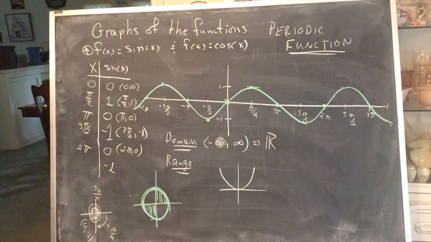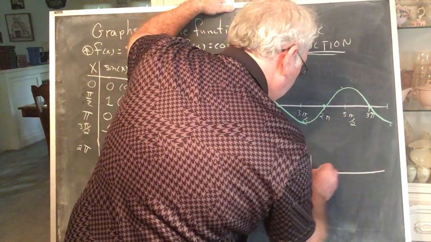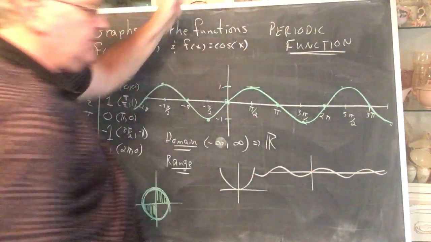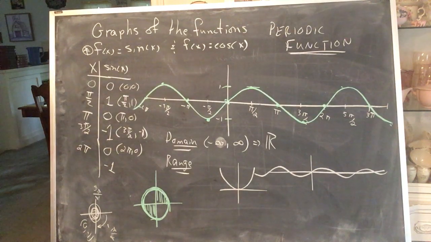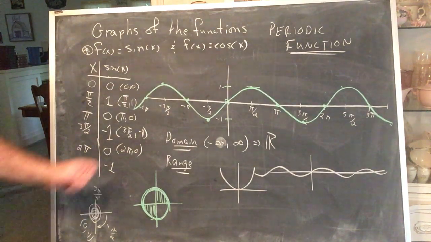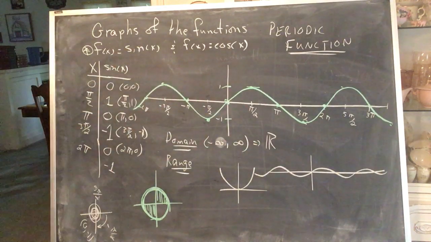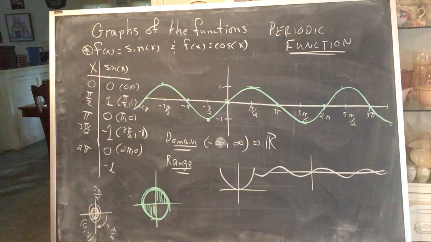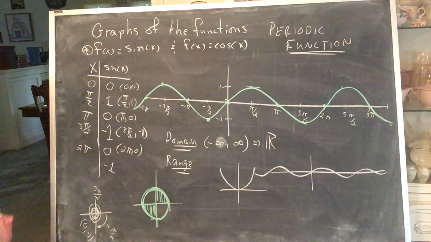You should be able to draw a reasonable approximation of the sine curve, just like you can draw a reasonable approximation of the basic shape parabola. If you wanted more detail, you could provide it. But in your mind's eye, you should be able to have a picture of what this graph looks like. Notice that the sine curve passes through the origin.